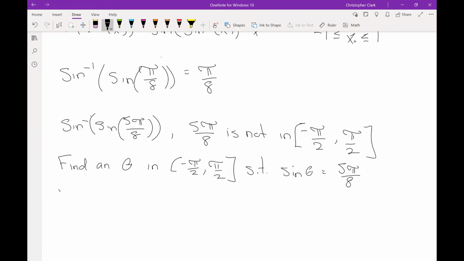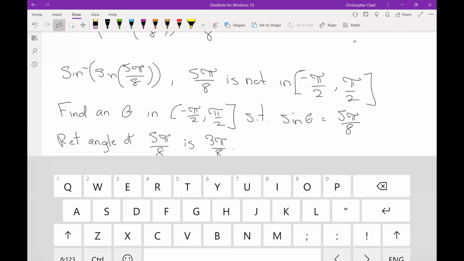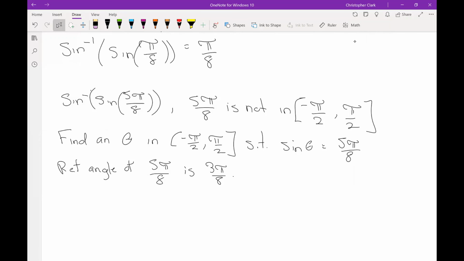So what could that be? Well, the reference angle of 5 pi over 8 is 3 pi over 8. And as it turns out, 3 pi over 8 actually does fall within our bounds.